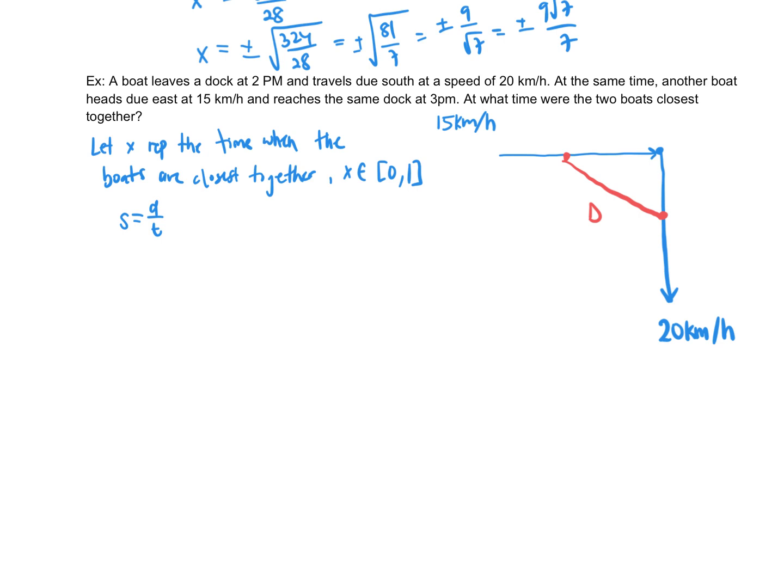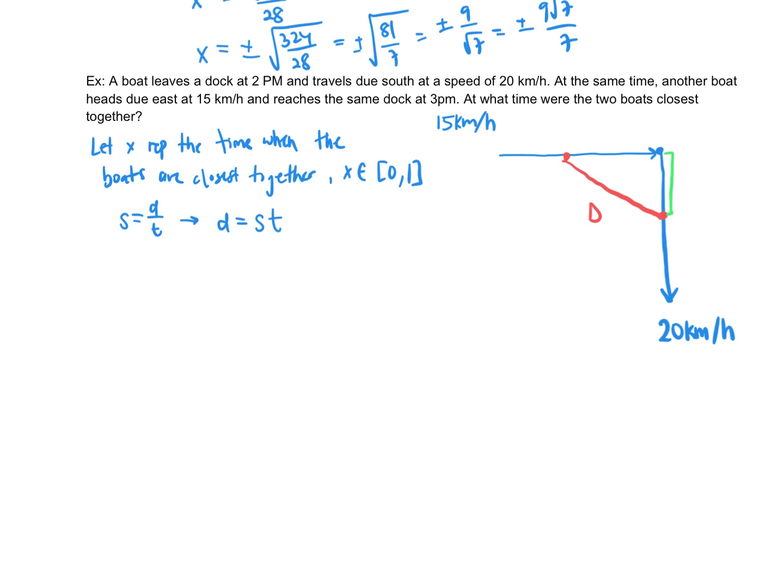Now, we already looked at that speed is equal to distance over time equation. But now, because I'm trying to minimize the distance, I'm going to rewrite this equation in terms of distance. Distance is speed times time. So, at time x hours, the boat going south is traveling at a speed of 20 kilometers per hour, and the time is x.